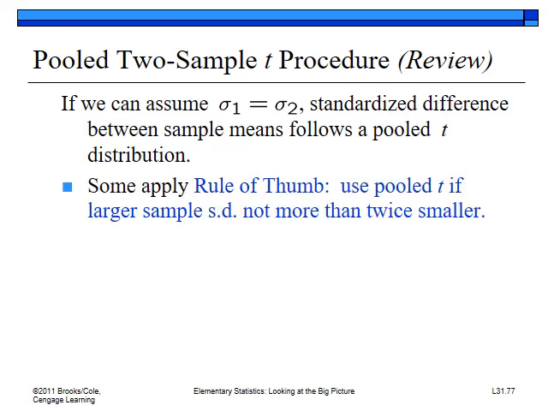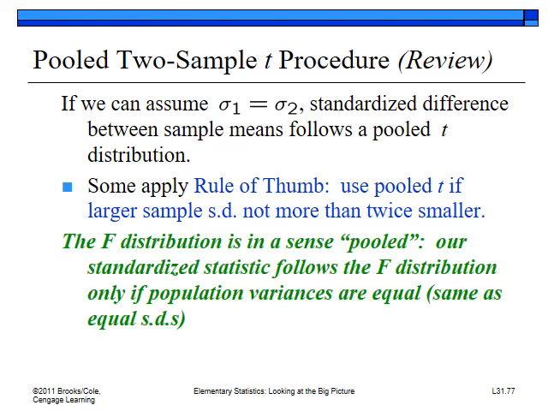We had this rule of thumb that we could pool them together if the larger sample standard deviation was not more than twice the smaller sample standard deviation. Because for ANOVA, we saw on the last slide, we needed to assume that the variances were equal. That's the squares of the standard deviations. That means we need to make sure that we can pool the data before we can do ANOVA.